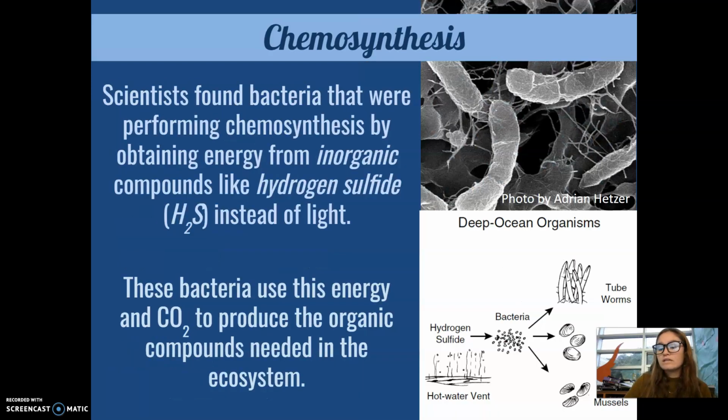As opposed to using solar energy, because there's no sunlight down in that area, they're using thermal energy, that being heat, to form the inorganic compounds that they need, and then using those inorganic compounds to form the organic compounds that they need in order to produce their energy.